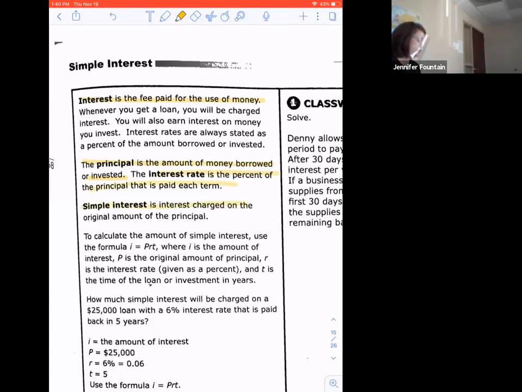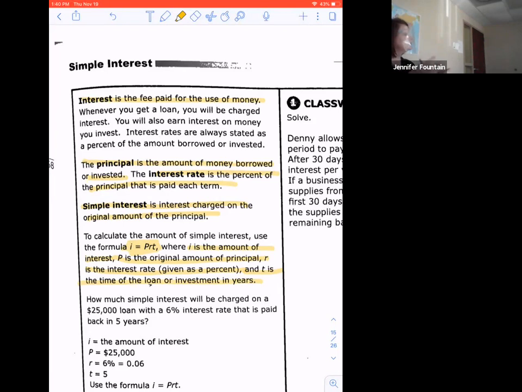And so simple interest is a formula that we're going to use, and it is I equals PRT, where I is the amount of interest, P is the principal amount, R is the interest rate, and T is the time of the loan or investment in years. So typically, when we're looking at this, we're always going to calculate in terms of years, unless my directions specifically tell me to calculate it at a different time.